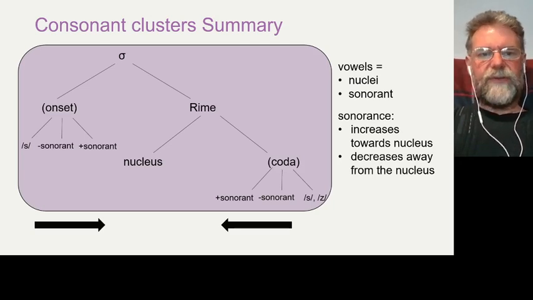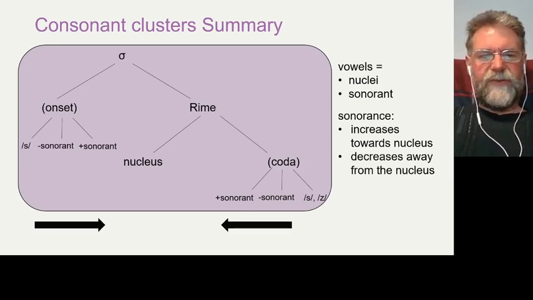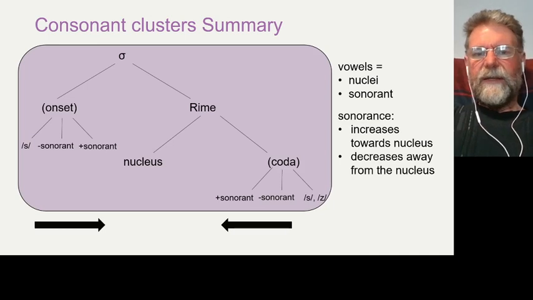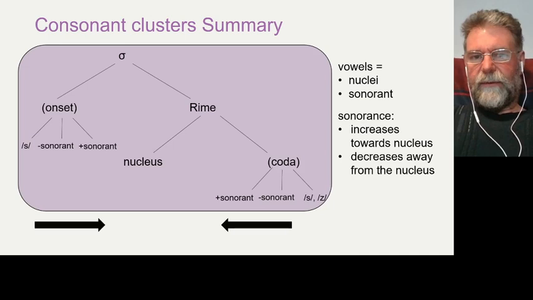Now, if we put all this together and have a look at the syllable structure, including all the possible things with the onset and the coda, we note that basically what we have is a kind of sonorance restriction on things. Note that the nucleus is typically a vowel, and vowels are perhaps the most sonorant of the sounds in any language.